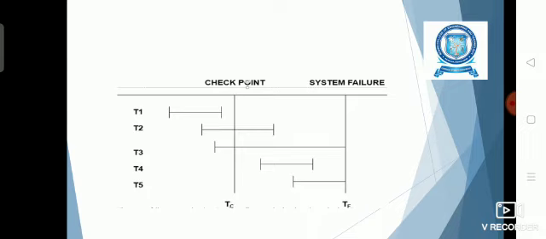There are some transactions, T1 to T5, and the checkpoint is constructed at some time instant TC. After that, at time instant TF, the failure occurs in the system. So the algorithm will check which transactions are actually affected and which transactions can be redone.